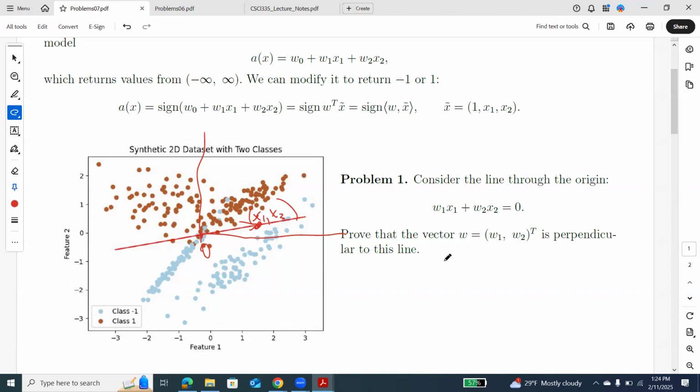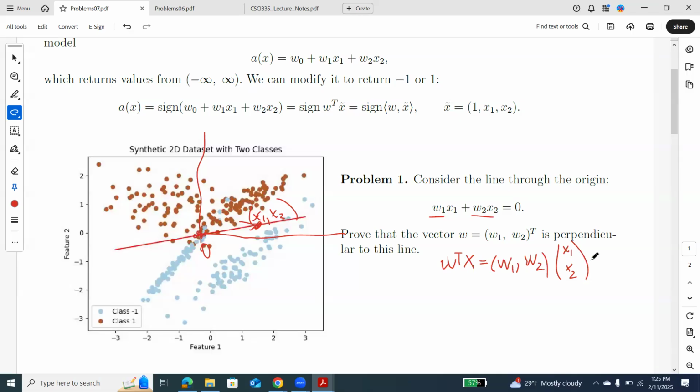Then I have these coefficients, and I want to multiply this vector W times x. So it will be the product of the vector with coefficients W1, W2 times my vector that goes from origin to a point on the line, x1, x2.